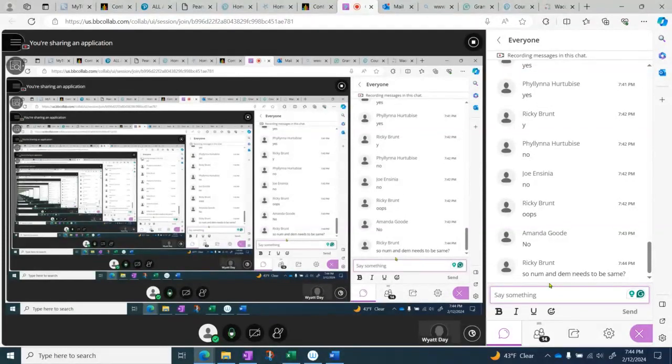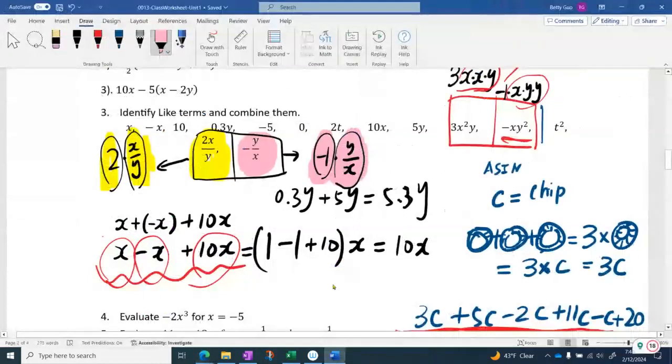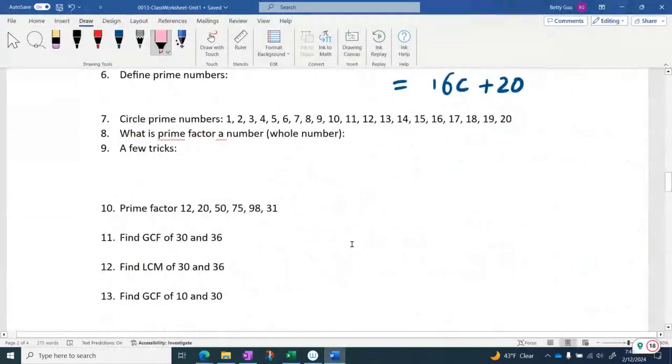Yes, Ricky. In order for the two terms to be like terms, their variable part has to be exactly the same. Let me explain why when you switch the numerator and denominator, you have a different thing.